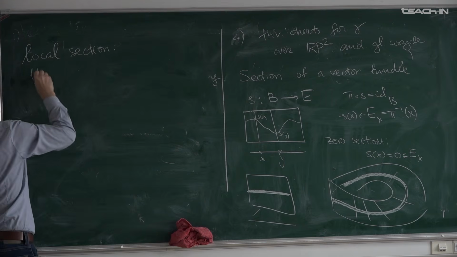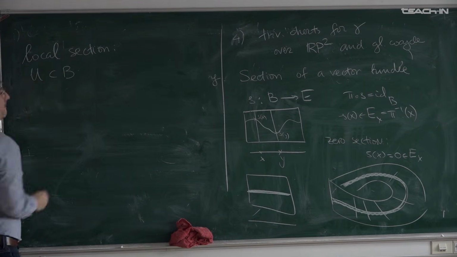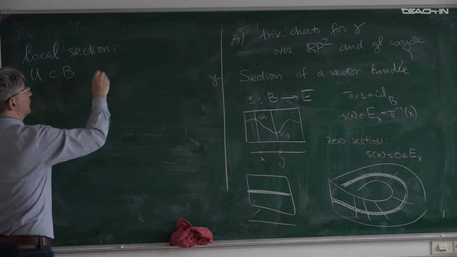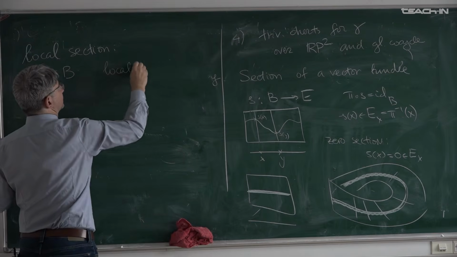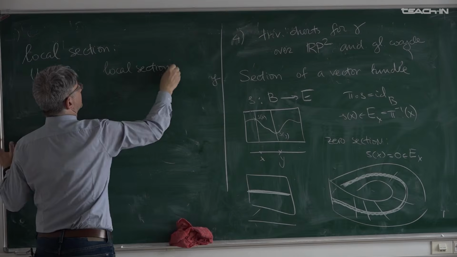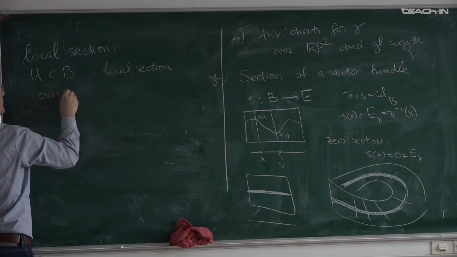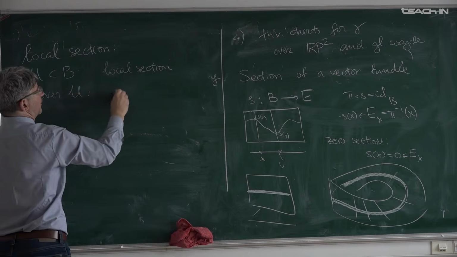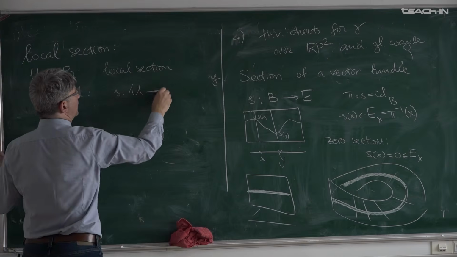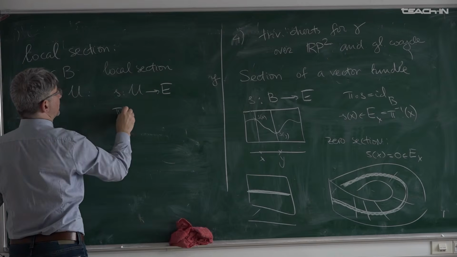Namely, imagine you have U inside B. A local section over U is a map from U to E with the same property.